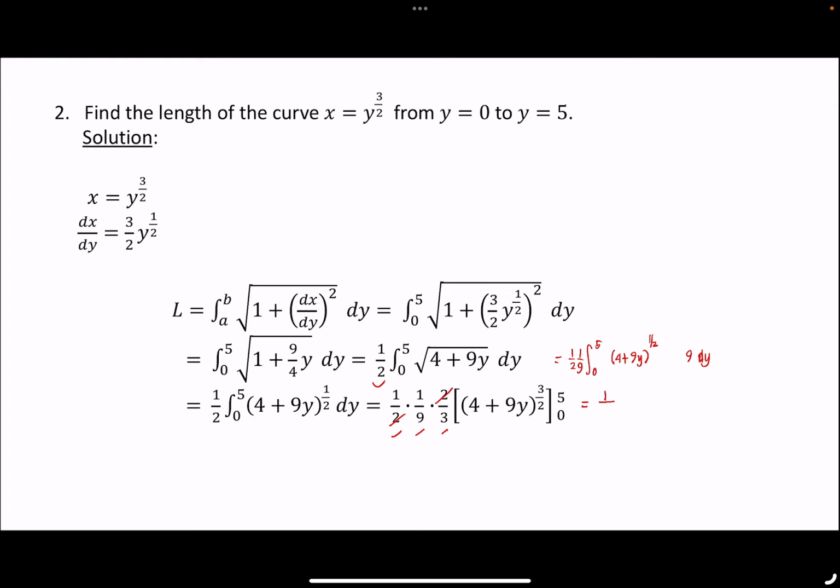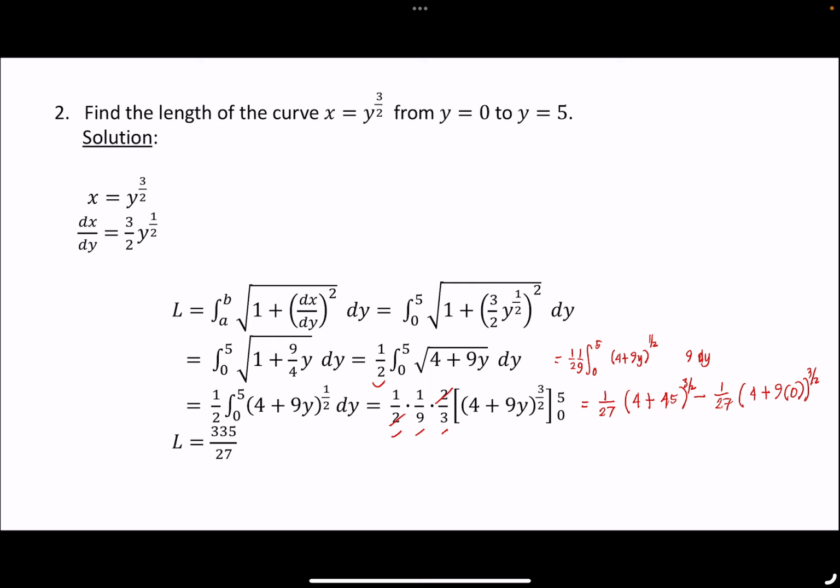So we have 1 over 27, 4 plus 45 minus, for the lower limit, it is not automatically 0. So we have 1 over 27, 4 plus 9 times 0, raised to 3 over 2. So both are raised to 3 over 2.